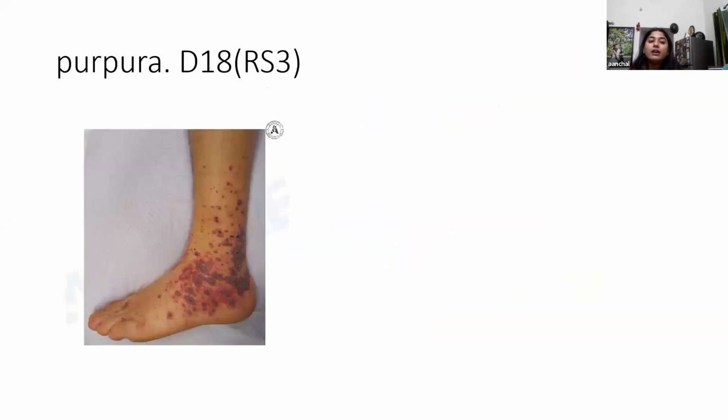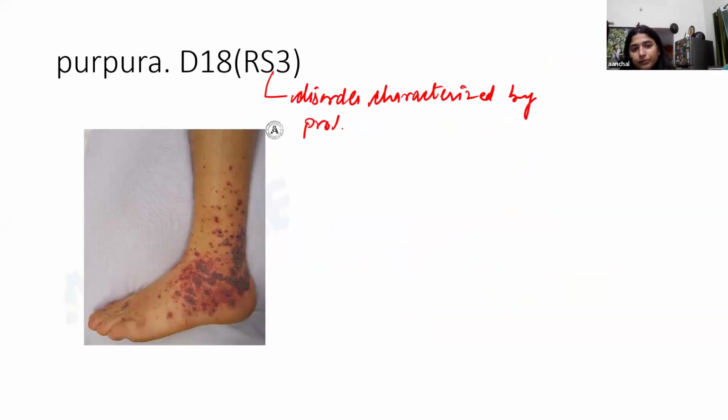Okay, another thing we have is purpura. Purpura is basically a clinical condition. As you can see in the picture, this is how purpura looks. This is a disorder characterized by prolonged bleeding time.